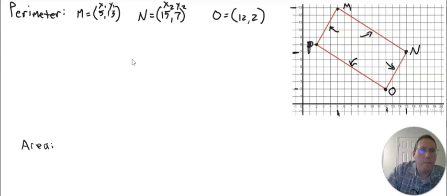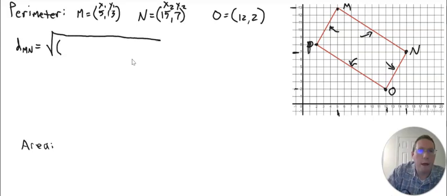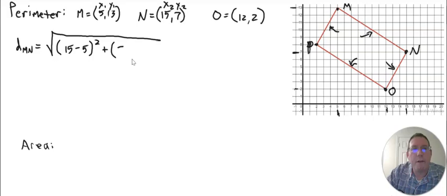All right, so we need to find the distance of MN, and we're going to use the distance formula. We get the square root of (X2, which is 15, minus X1, which is 5) squared, plus (Y2, which is 7, minus Y1, which is 13) squared. 15 minus 5 is 10, and 10 squared is 100.